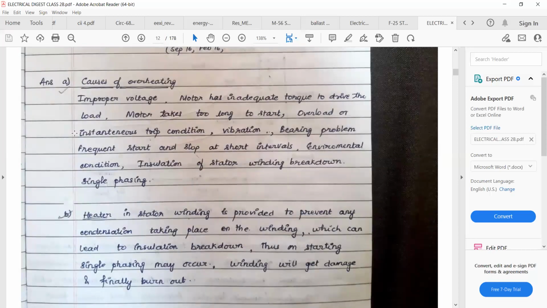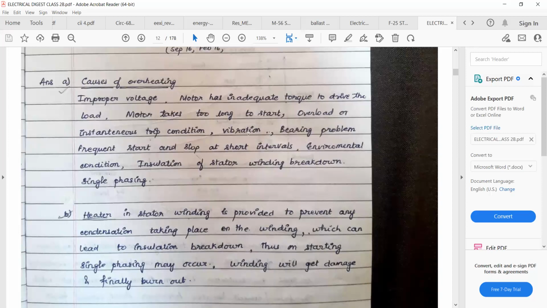So what are the causes of overheating? Improper voltage. Motor has inadequate torque to drive the load. Motor takes too long to start. Overload. Same thing you told, right? Too long time to start and overload. Or instantaneous trip condition.